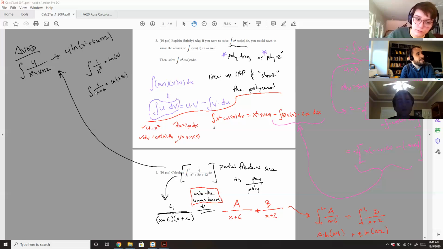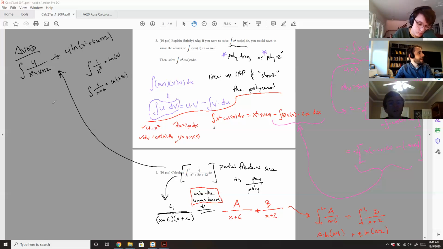But it's because that is a single monomial, because it has just an x to the first in here, that we can use the ln trick. The x squared, not going to work, right?